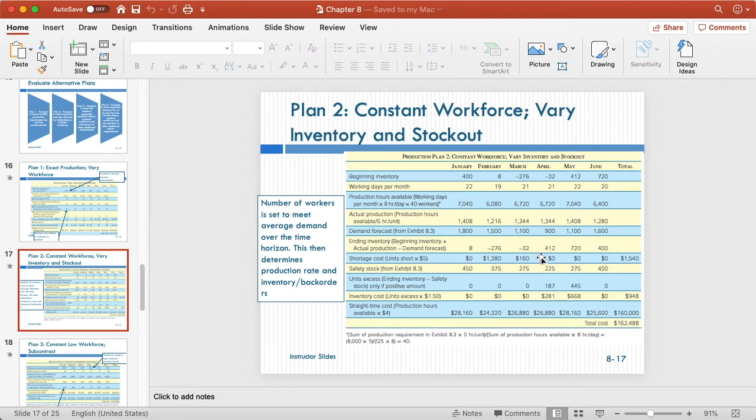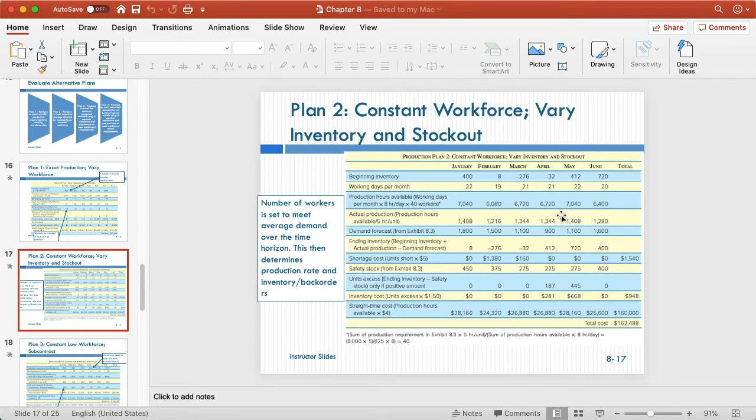And the end inventory is still a negative number, which means that you still have the backorder situation. And then that's why you still pay the shortage cost. And since you don't actually have inventory, you still have the backorder situation, that's why here the inventory cost is still 0. And for straight time cost, you just use production hours times 4 to get the straight time cost.